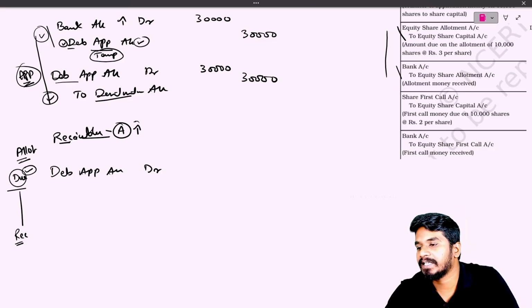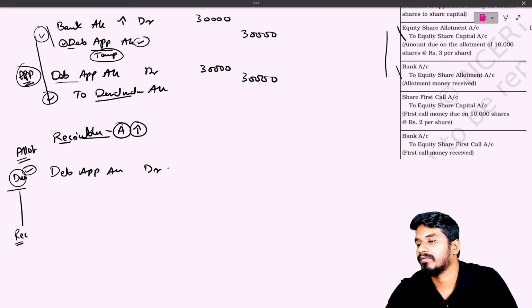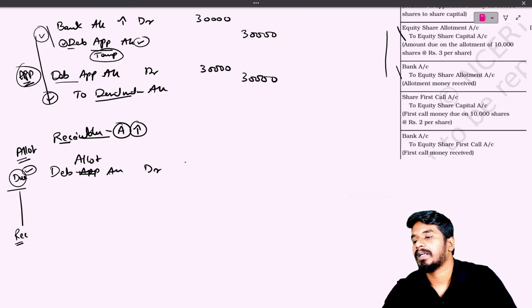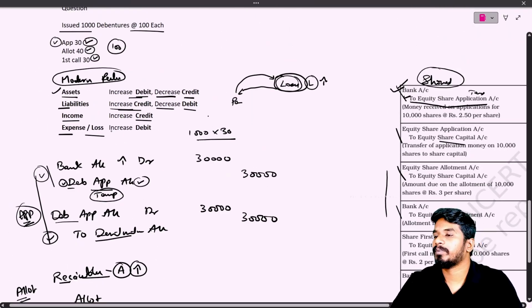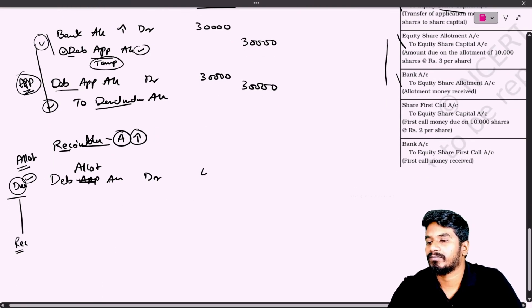If receivable increases, asset will increase, and if asset increases, the account will get debited. So this is not application, we are doing allotment. Debenture allotment account debit. How much? 40 rupees we need to receive on allotment into 1,000 debentures. So that is 40,000.